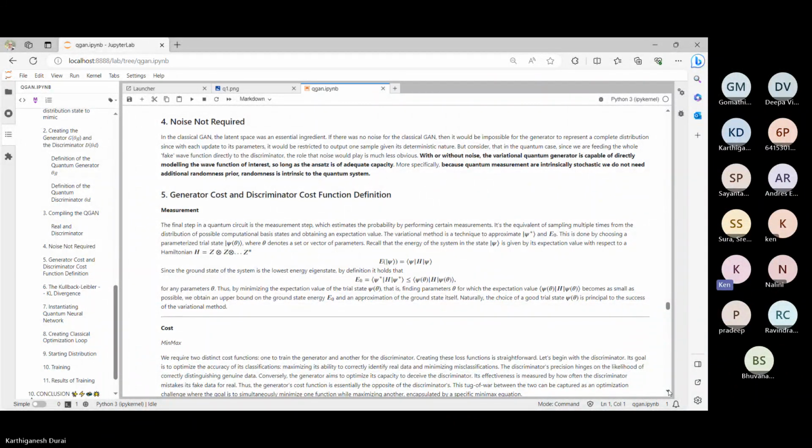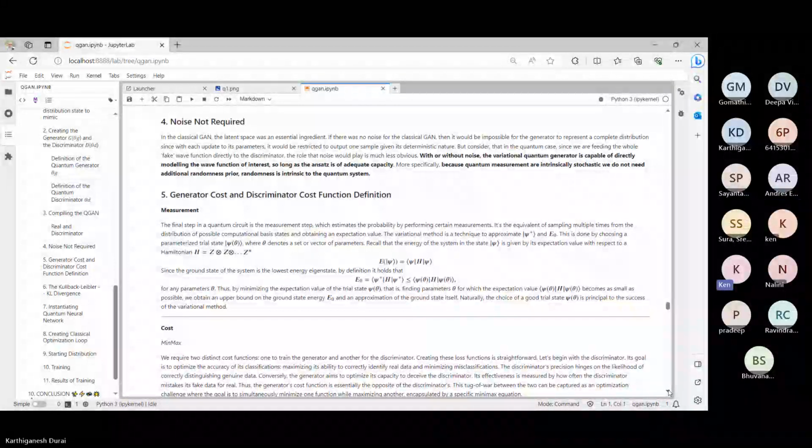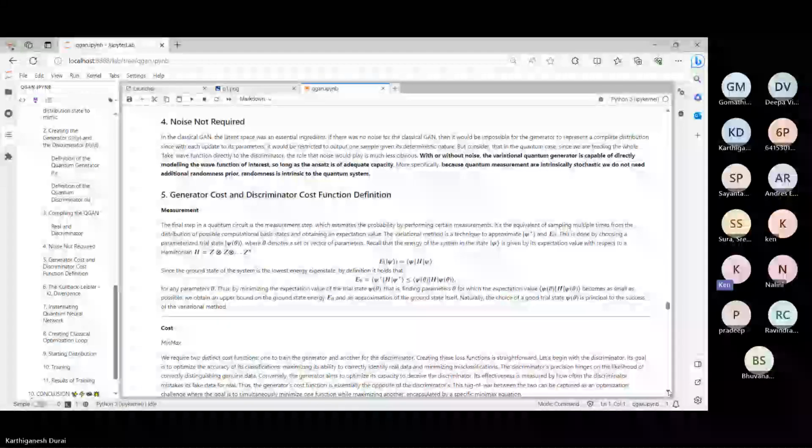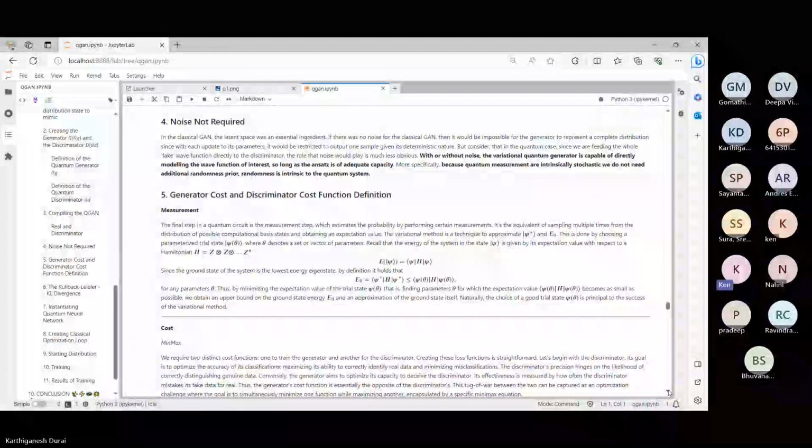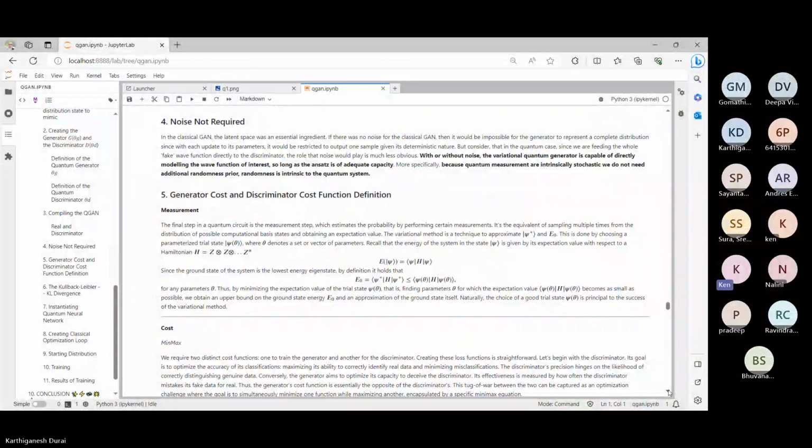So because quantum measurements are intrinsically stochastic, we do not need additional randomness prior to. So randomness is intrinsic to quantum systems. Hence why we don't need it.